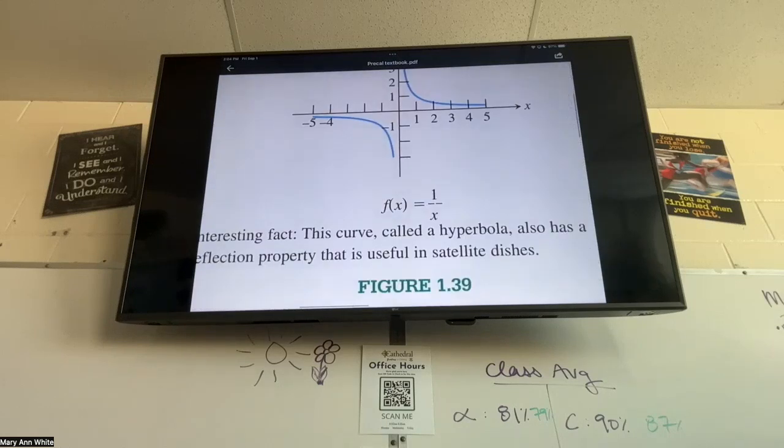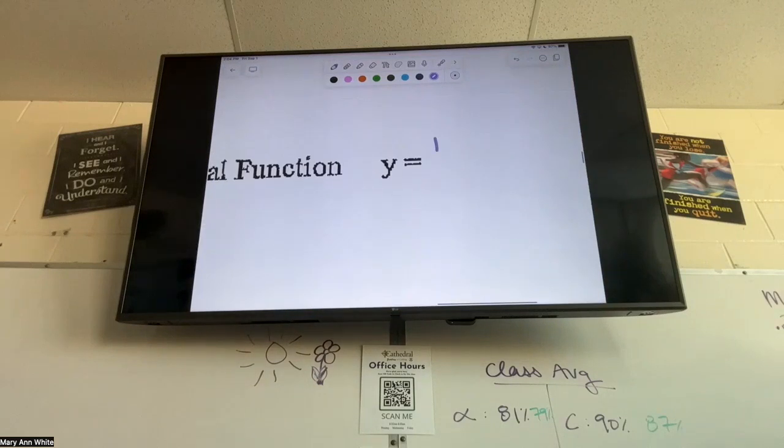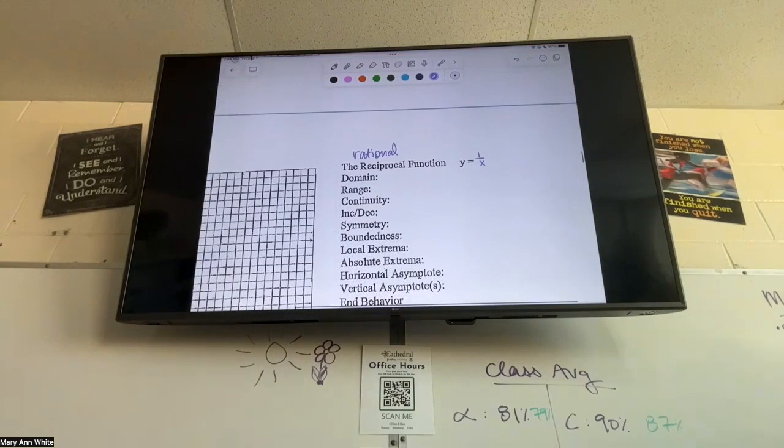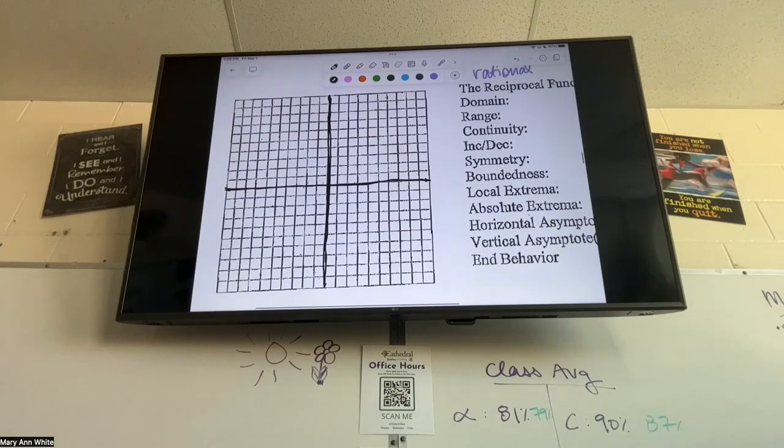And my equation is 1/x. Let me go draw that. We will deal more with rational functions or reciprocal functions in the future, but for the most part, as long as you give me a C curve in the first quadrant and a C curve in the third quadrant, then you're going to be good.